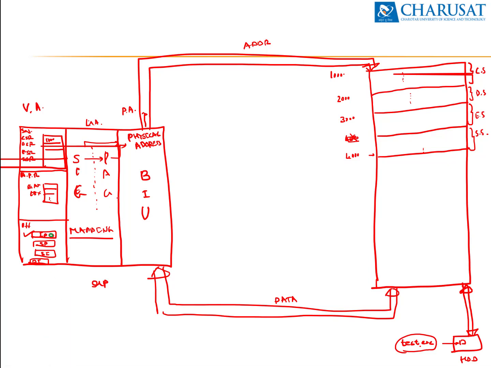In the absence of segmentation and paging, memory management adds the base address plus the offset to generate the physical address. The base address in this case, the code segment, is 1000. The instruction pointer contains 0. That's why the address of the first instruction is 1000.